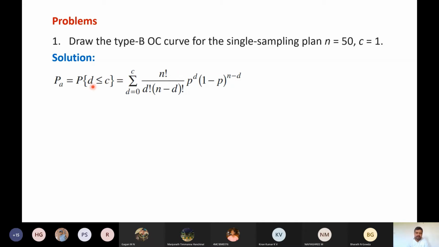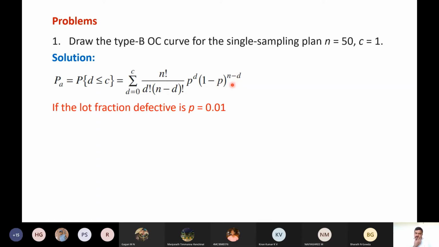Zero means no defectives. So you have this equation, and you should consider the values of D from 0 up to C. That means D can be 0 and also 1. Next, substitute the D values and the N value. Small p is the lot fraction defective.